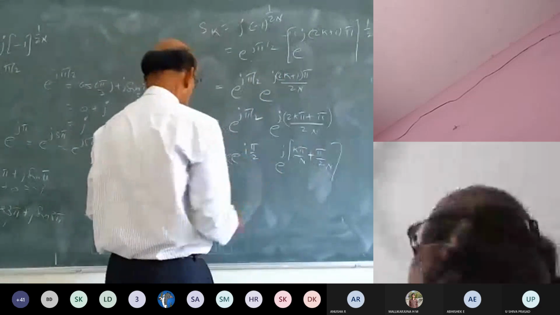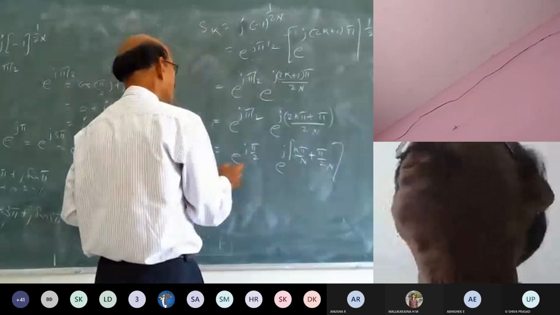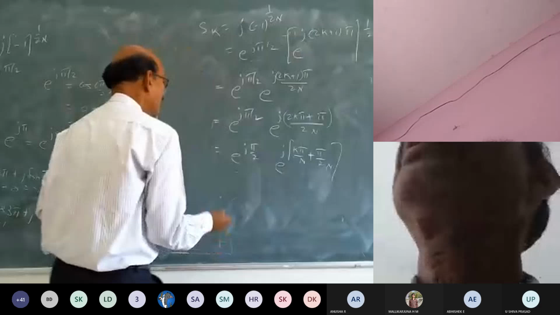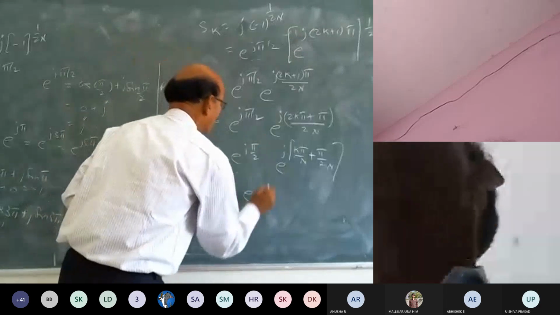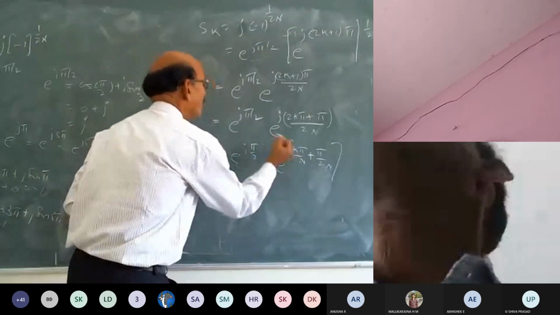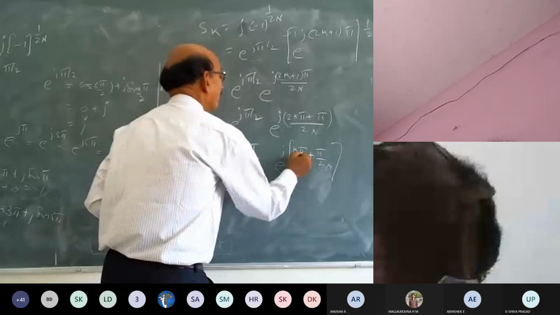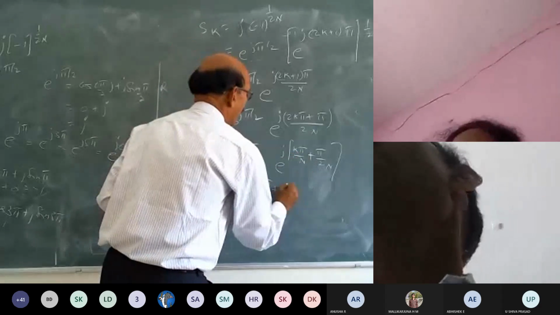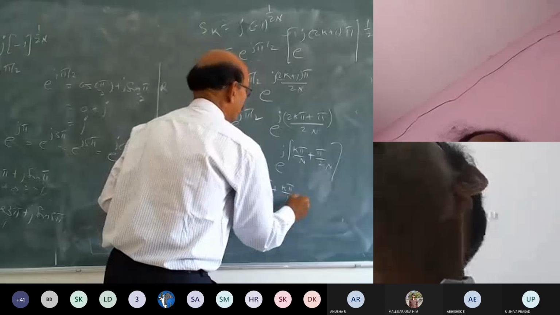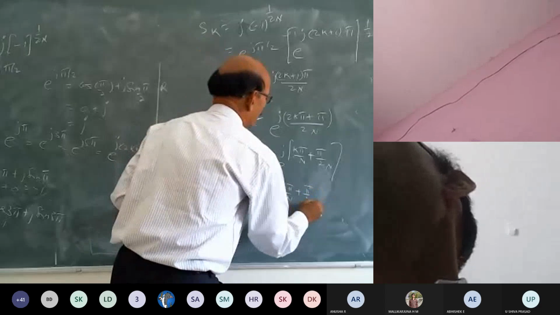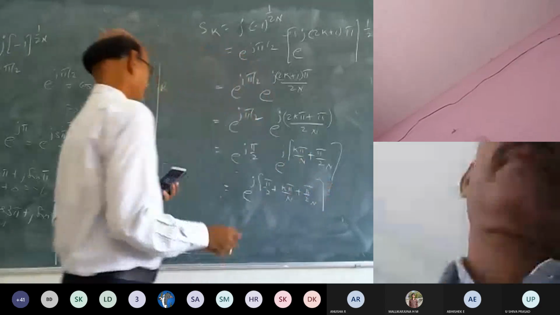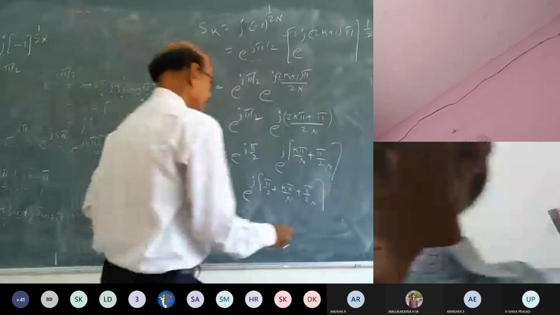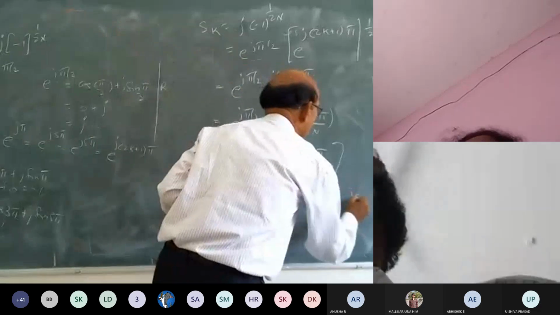Since we have two terms, for both the terms, the base is common. So I can write it as e to the power of j into pi by 2 plus k pi by n plus pi by 2n. Or this is e power of j theta.